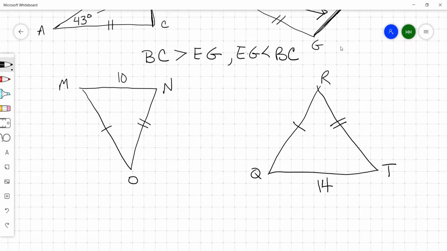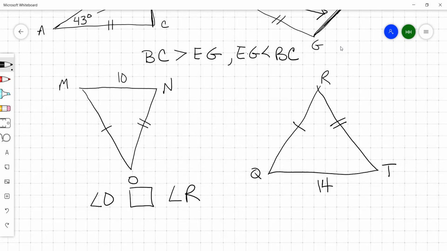Now, what we can do is use these side lengths to compare angle O to angle R. If we compare angle O to angle R, how does angle O compare to angle R? Is it going to be smaller or larger? Is it going to be less than or greater than? It's going to be less than. Very good.